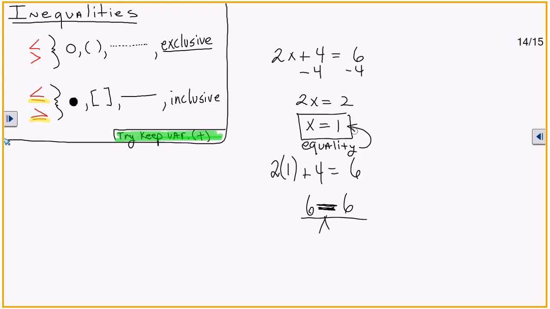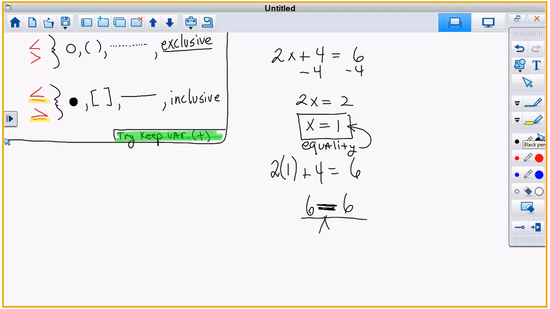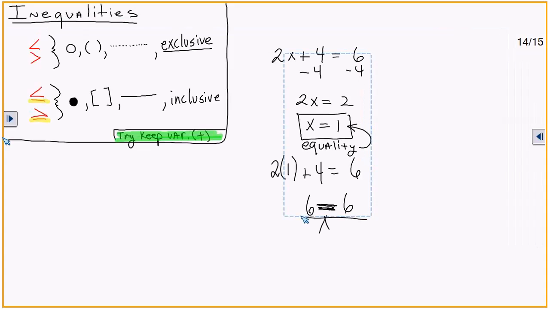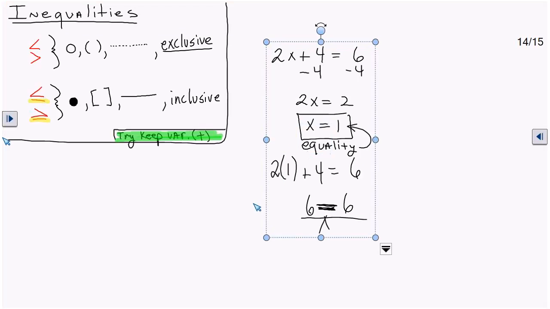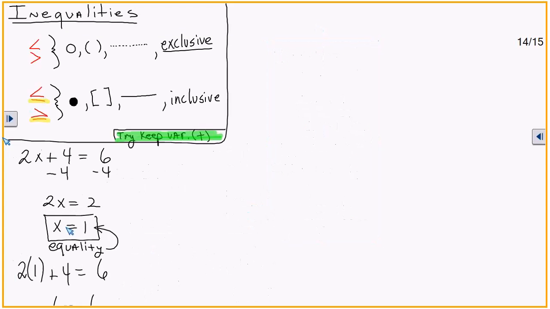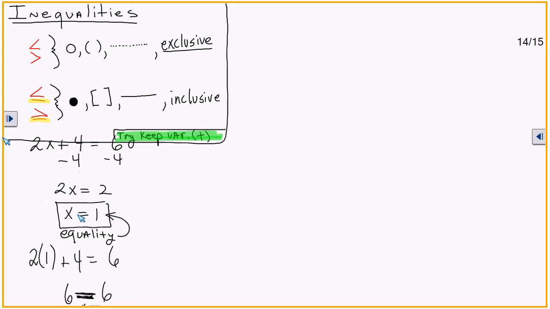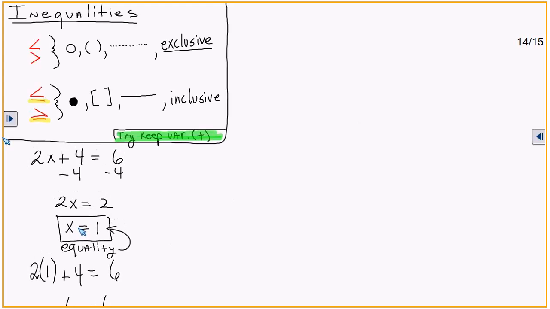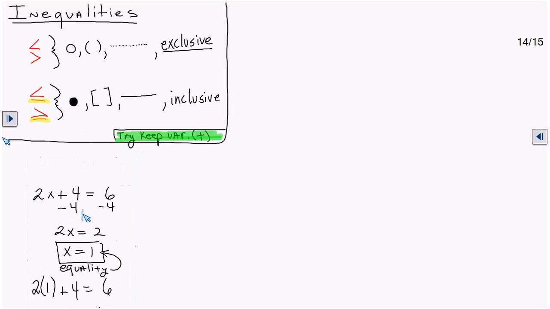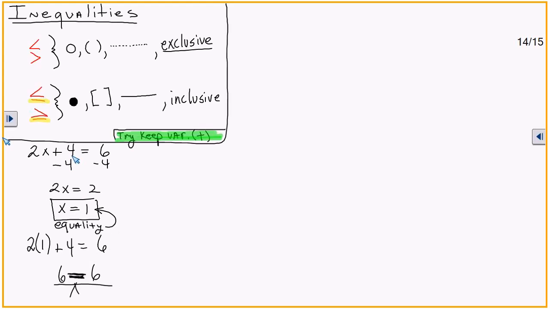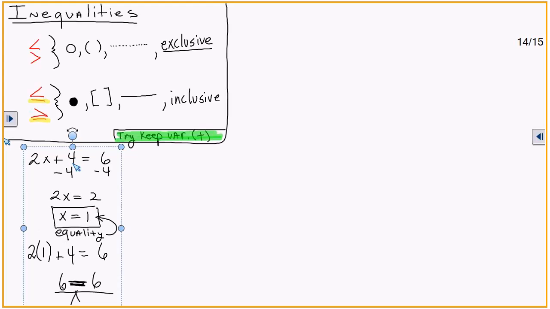You cannot plug in a negative 1/2. The only number that will work in this equation is 1. And that's what you've been doing up until now. So let's move that over here and just put that in your memory bank, and say that's the way we used to do things.